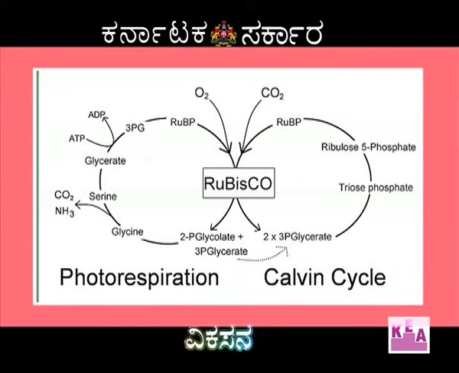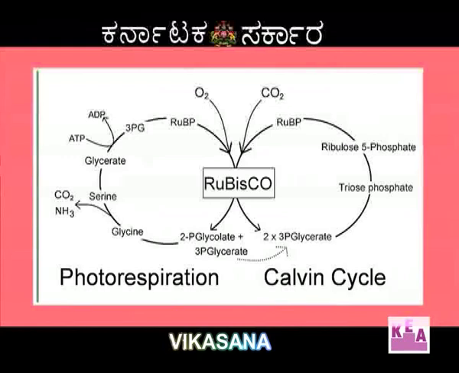At this time, the carbon dioxide fixing enzyme Rubisco is actually catalyzing the combination of RUBP with oxygen instead of carbon dioxide. That means it is mainly showing oxygenase activity, and as a result, one molecule of 3-carbon compound phosphoglyceric acid is produced and one molecule of phosphoglycolate is produced.